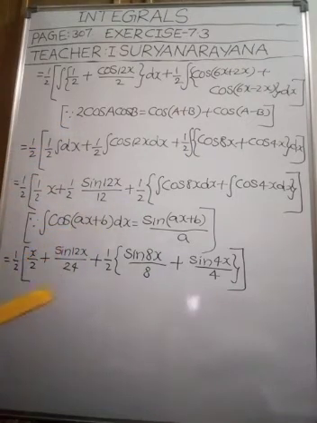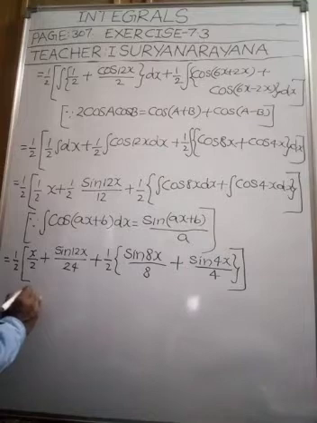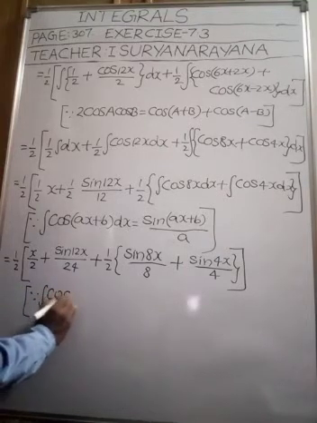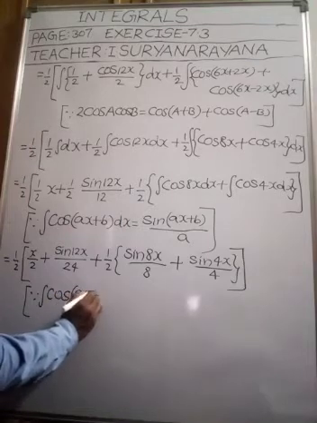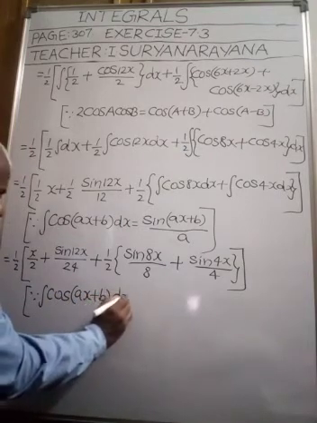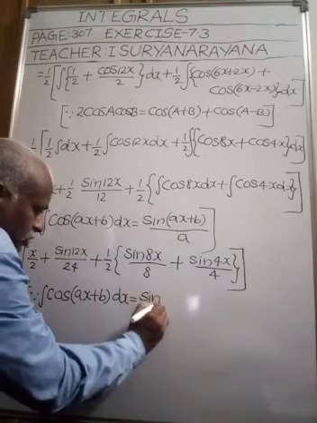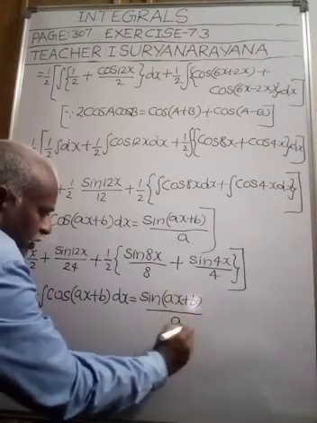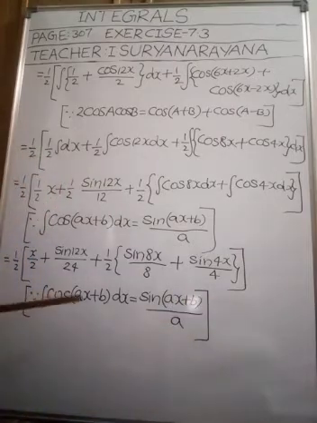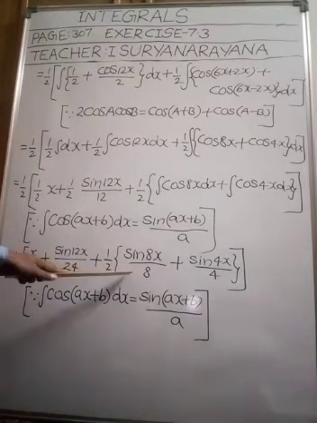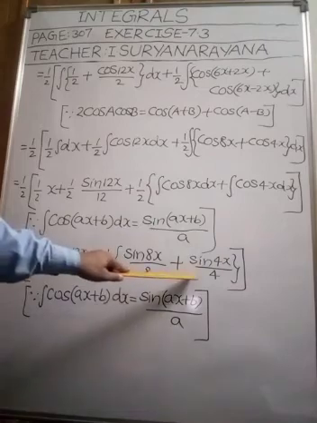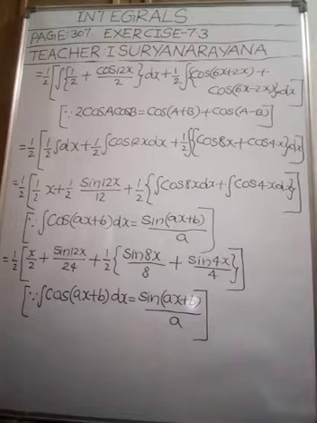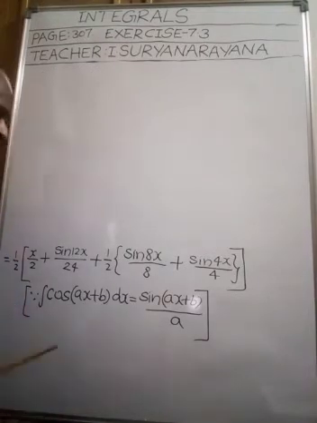So I will write the same formula: integral cos of (ax plus b) dx is equal to sin of (ax plus b) whole divided by a. By using this integral formula, we got these two terms in this step. Understood this step, my children? Right. The integration part is over here.